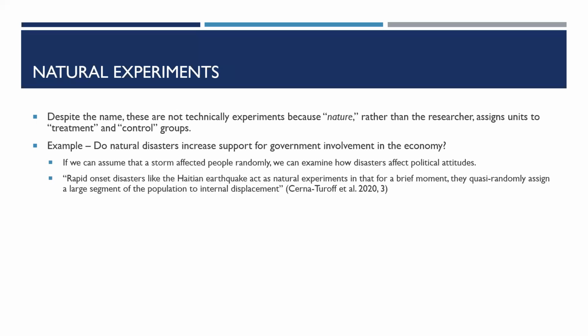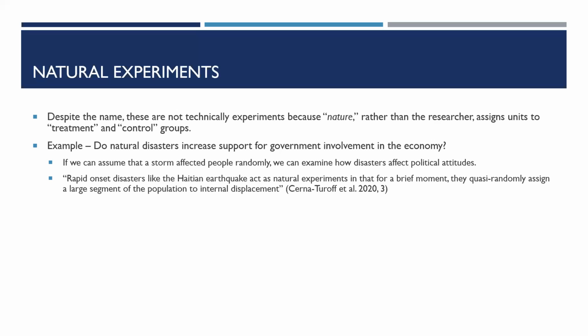After the earthquake in Haiti happened, the way that damage from the earthquake was spread out throughout the country was essentially as if random, right? It wasn't certain parts of the country or certain parts of the capital city that were damaged and others weren't. It was randomly spread out. So we can think of that as an as-if random treatment.